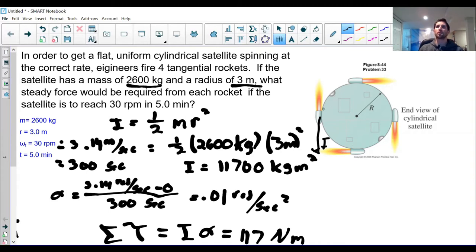So the net torque is the result of 4 forces being exerted 3 meters from the axis and tangent to the surface of the cylinder. If we draw a line from the axis and connect it with where that force is being applied, the angle between this force and this position vector is 90 degrees.